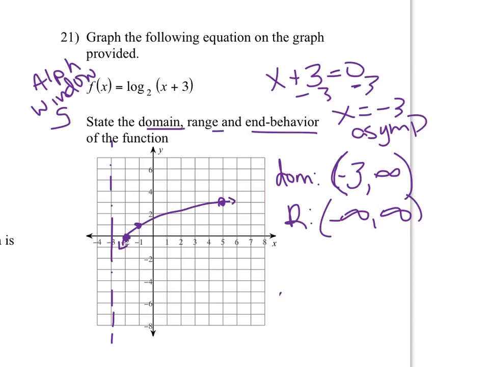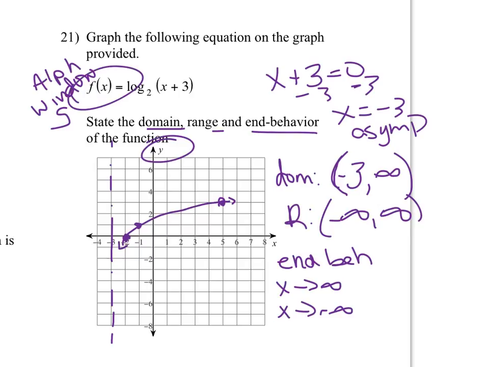And then finally, the end behavior. End behavior is always written as x goes to infinity, and as x goes to negative infinity, what actually is happening to the graph, what's happening to f of x. In this case, we have f of x and y, so it doesn't really matter which one you choose. This is saying as x goes to the right, the graph is going up.